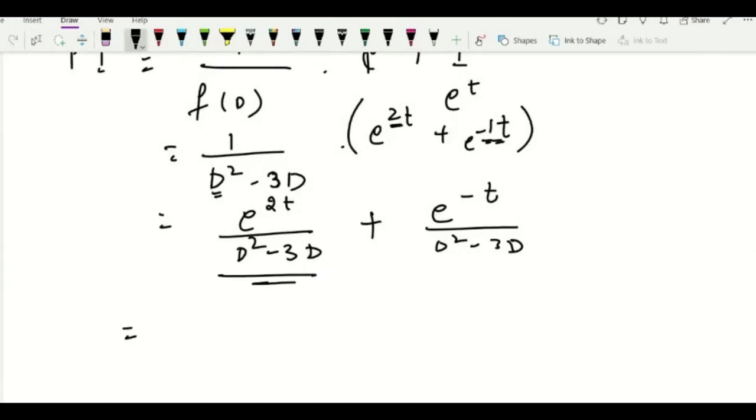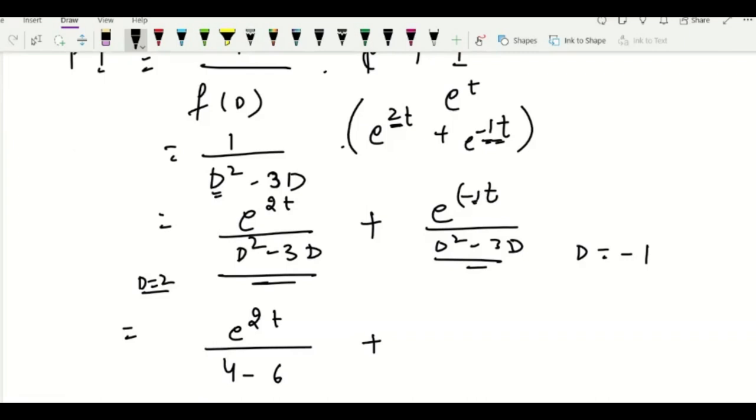Substituting here D is equal to 2, as we have done in our last lecture, 2 squared is 4 minus 6, and here substituting D is equal to minus 1 for e raised to power minus t. When we put D is equal to minus 1, it becomes 1 plus 3.